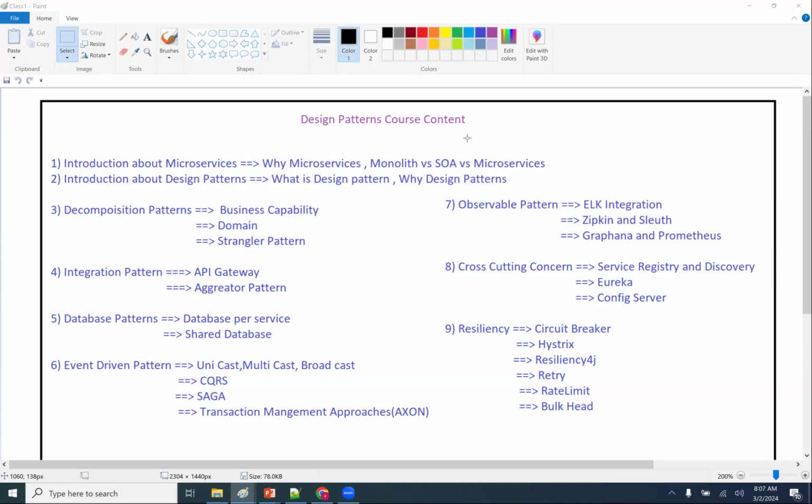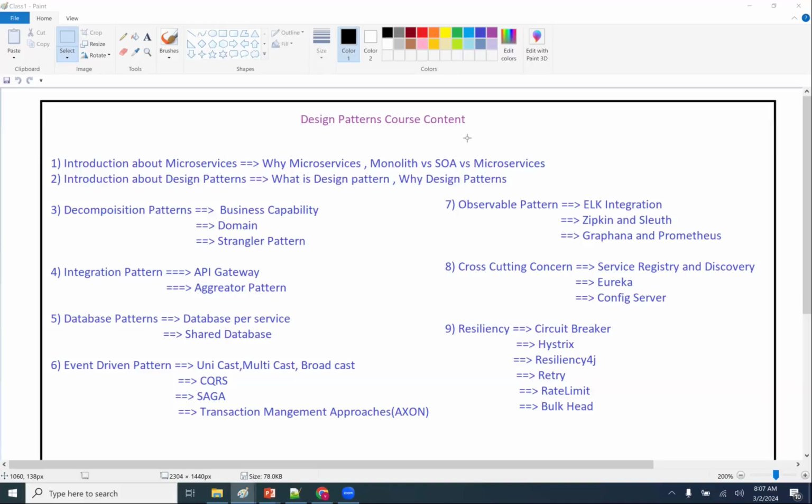So that means we need to leave this config server design pattern, whatever we learn in microservices, when we use Kubernetes deployment? No. The concept is the same, sir.